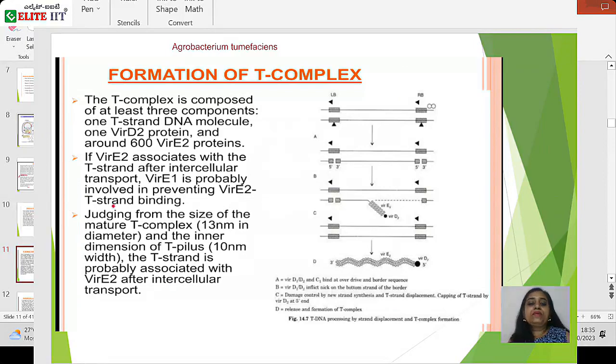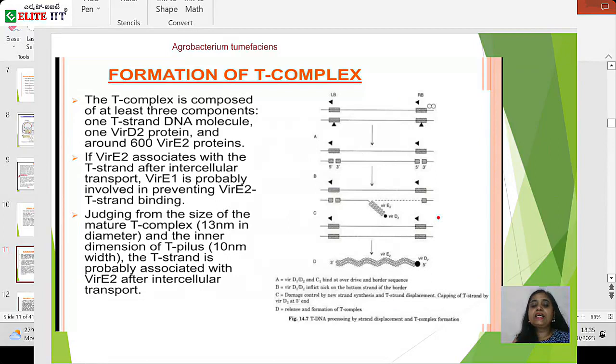Now, if VirE2 associates with the T strand after intercellular transport, VirE1 is probably involved in preventing VirE2 T strand binding. So after that, a single strand is produced.